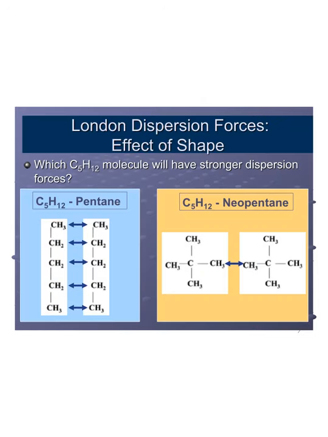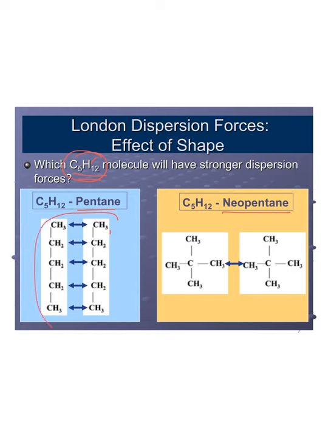So what about if you had two of the same chemical formula? Which one would have a stronger dispersion force? So here we have two different structures of a 5-carbon hydrocarbon chain. Here is pentane, and this is a structure called neopentane.